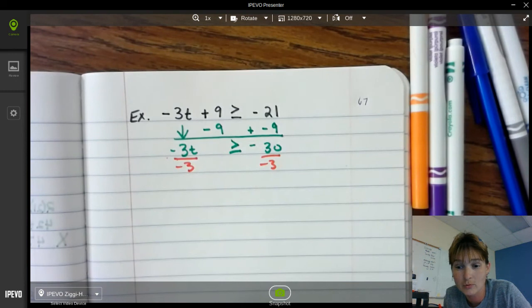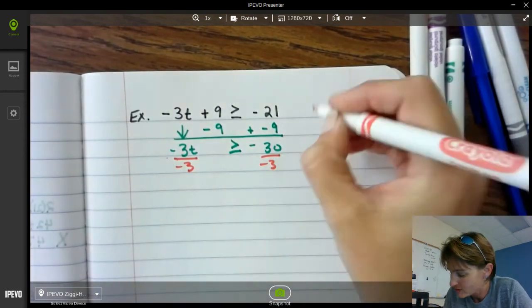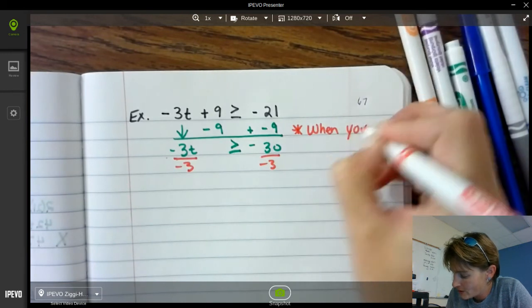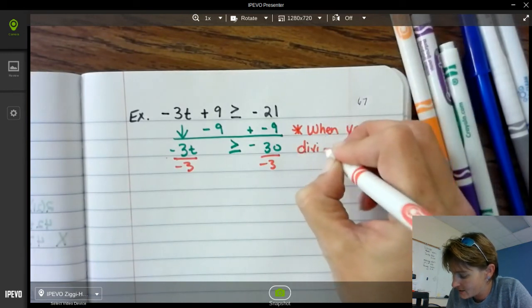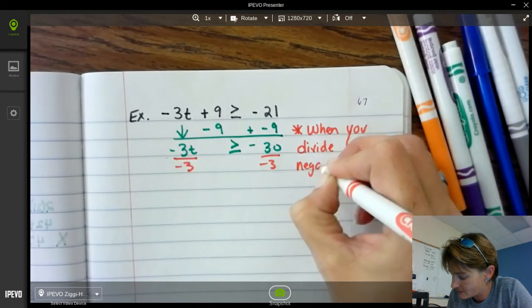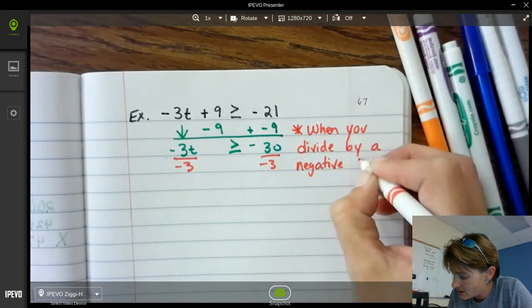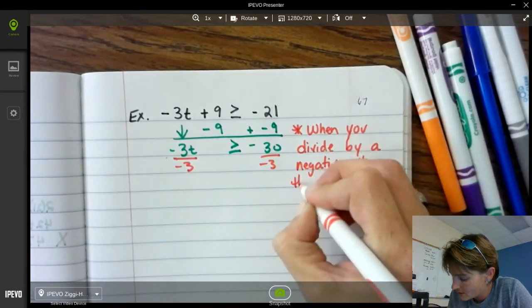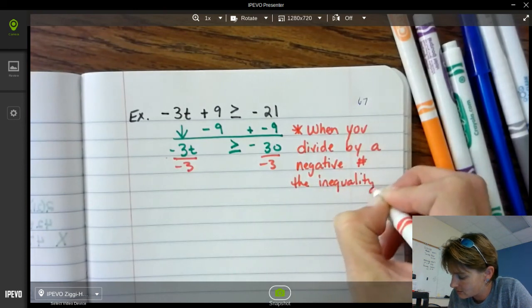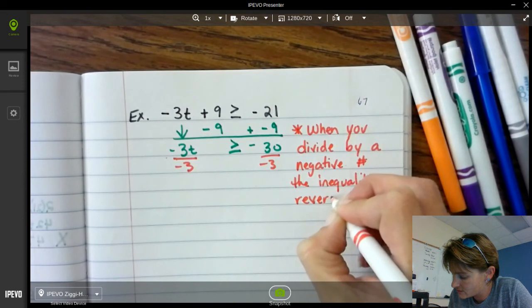The same rule applies. So, again, when you divide by a negative number, the inequality reverses.